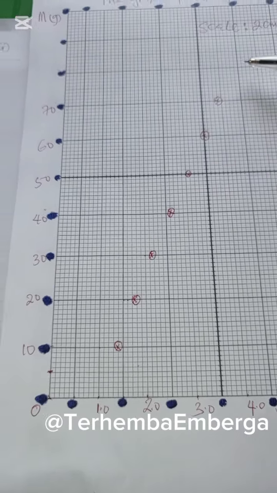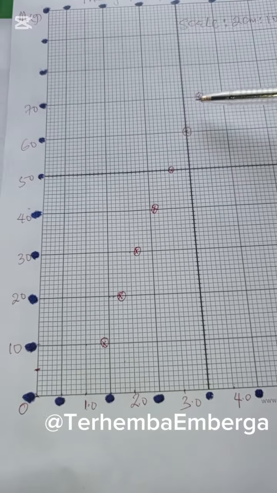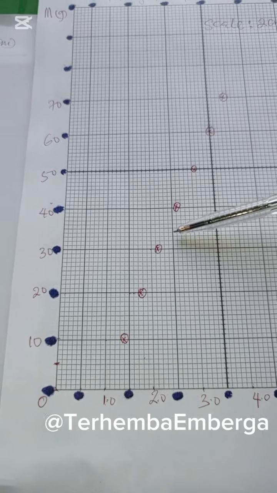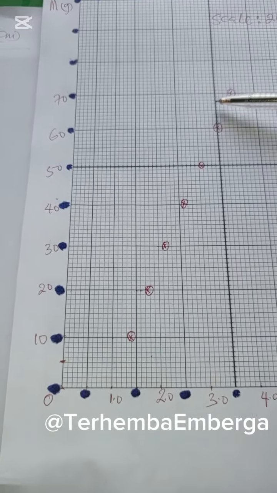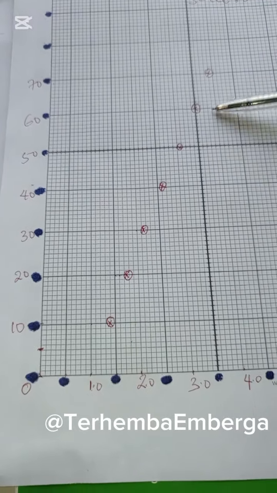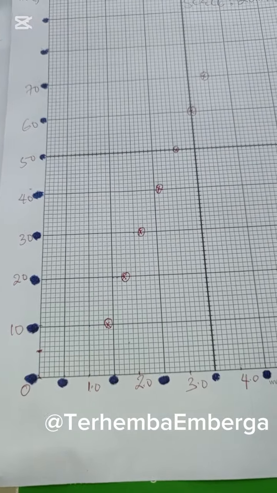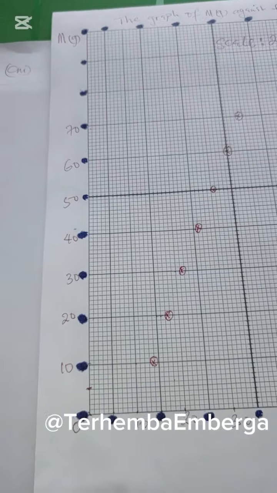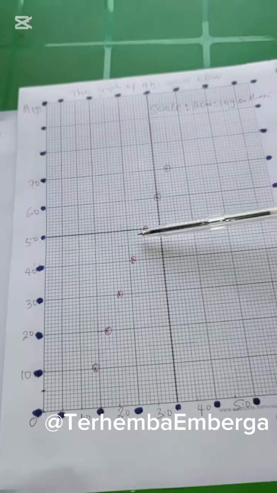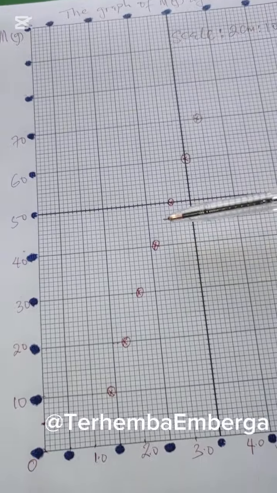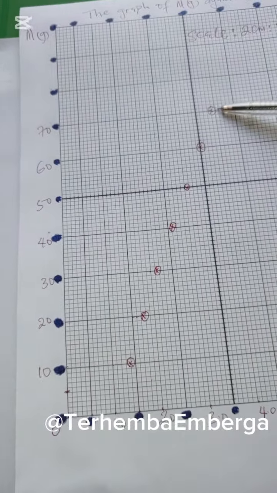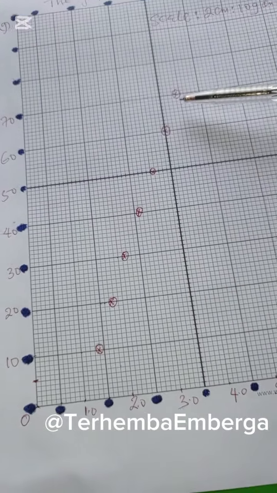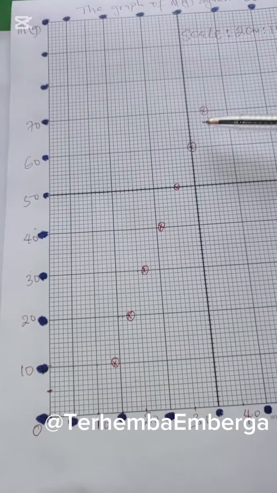In drawing your best line of fit, you draw in such a way that some will be on the straight line, some will be on your left hand side, some will be on the right hand side, and that will give you the best line of fit. But if you struggle in such a way that all of them should be on that best line of fit, it's not always possible.